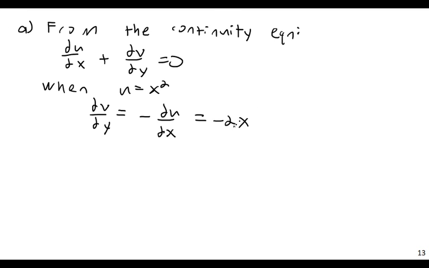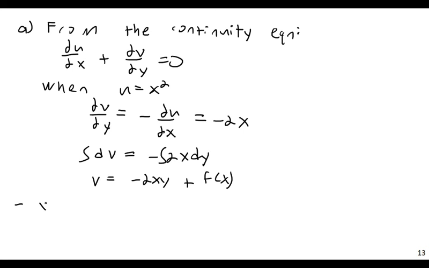Then I could bring this over here and say dv is equal to negative 2x dy, integrate both sides, and I would get that v is equal to negative 2xy plus some constant, which would be a function of x.